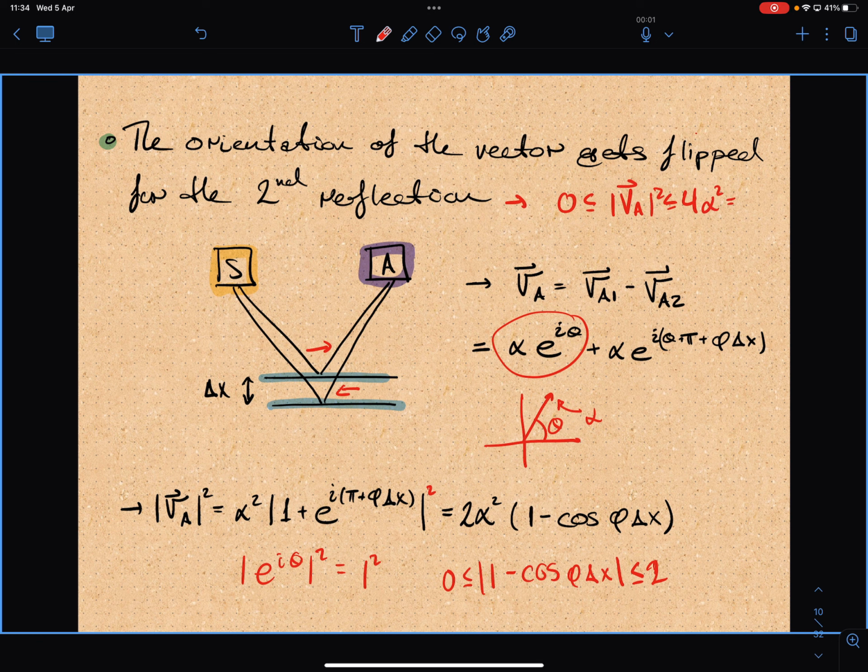This is going to be 4 times 0.04, so this is going to be 0.16. So we're going to get a reflection that's higher than the sum of the two, and this is predicted using this quantum theory.